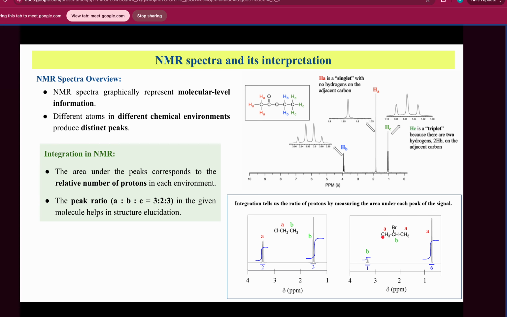In this case, the adjacent carbons contain 3 and 3, so that is 6 hydrogens, and the number of sub peaks will be 6 plus 1, which is 7. So in the case of B, we'll see 7 peaks. In the next slides, you will get more clarity on how we analyze it.